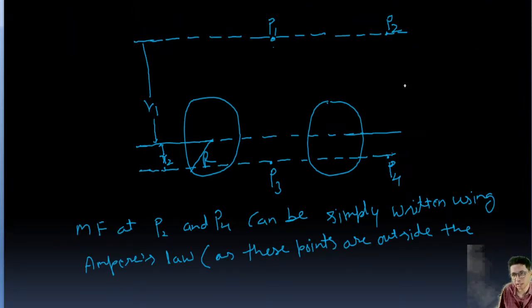Because these two points are outside the capacitor, we have found the magnetic field easily: mu 0 I upon 2 pi R1 and mu 0 I upon 2 pi R2. Now we'll find the magnetic field at P1 and P3.